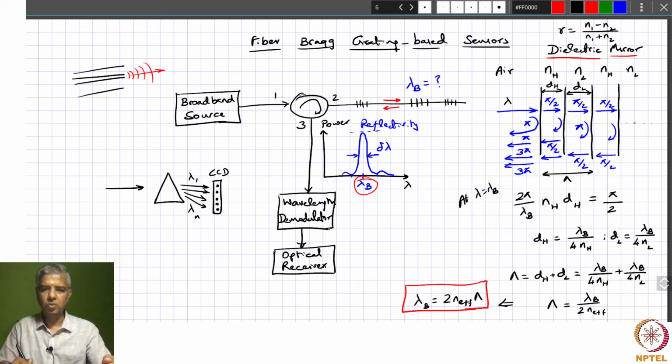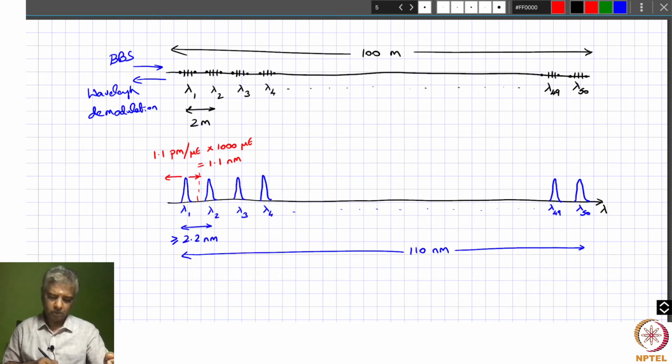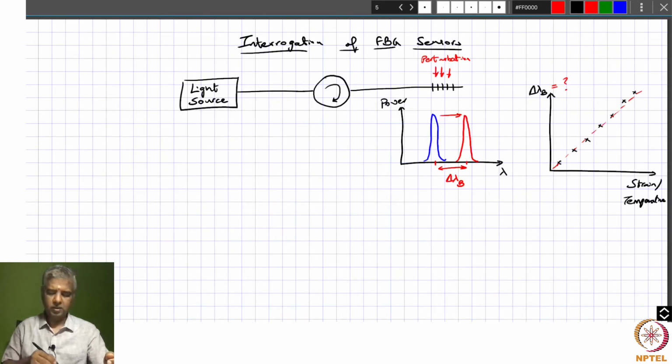So you need to use a wavelength demodulator. So this is the scenario that we have been seeing, but that brings up the question: when we talk about this optical source, does this have to be a broadband source? Can it be something else? Okay.